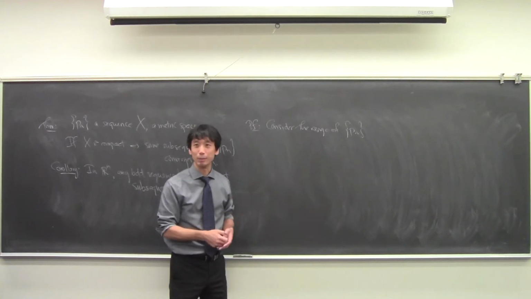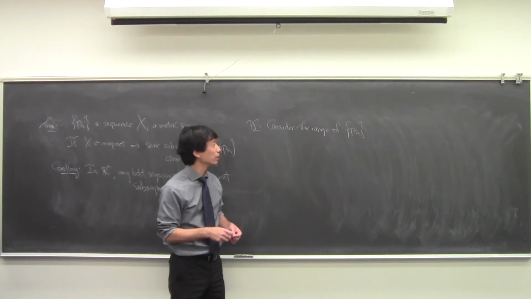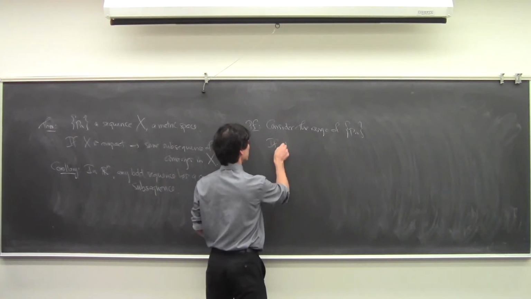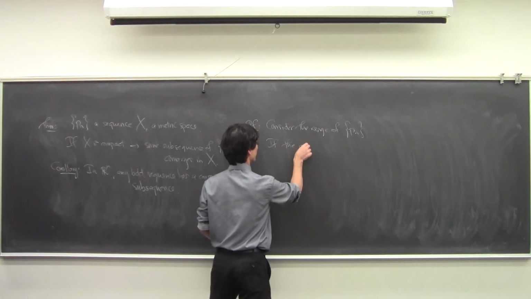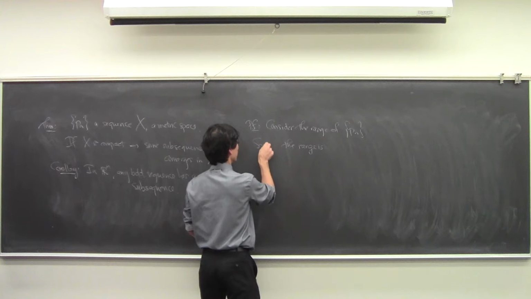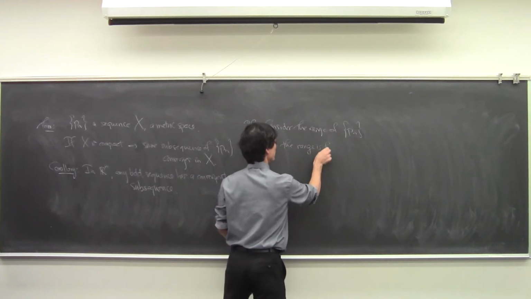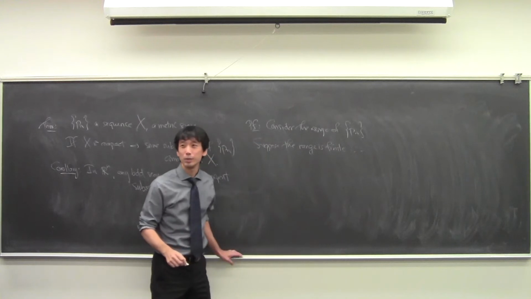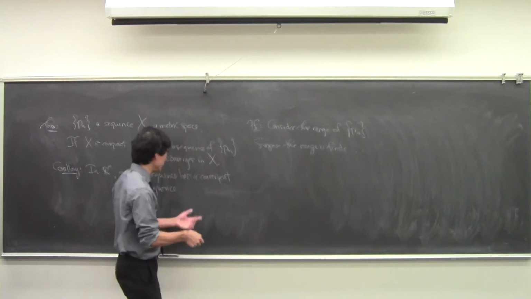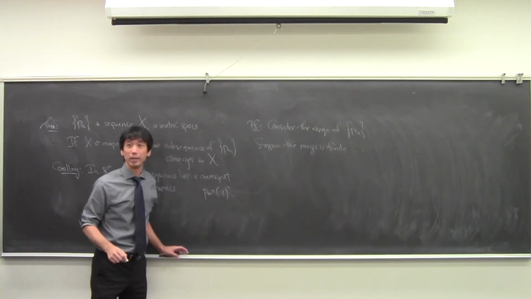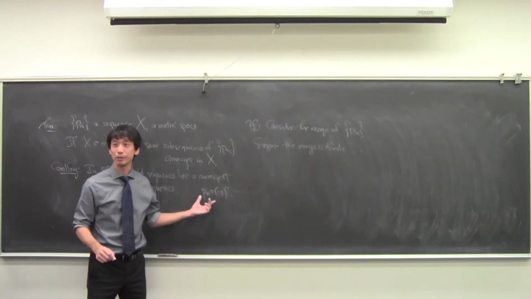Look at the image of this function. Suppose the range is finite. So, like this example here, p sub n being (-1) to the n, the range has only 2 values.